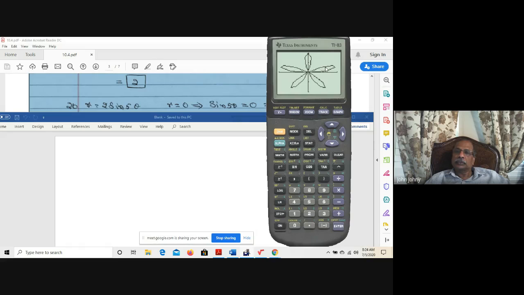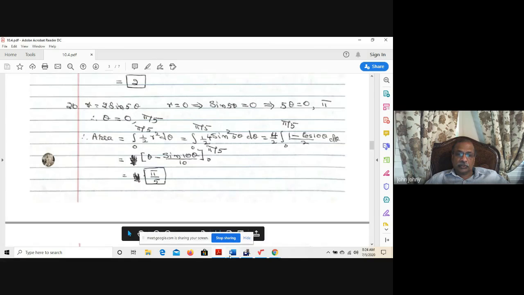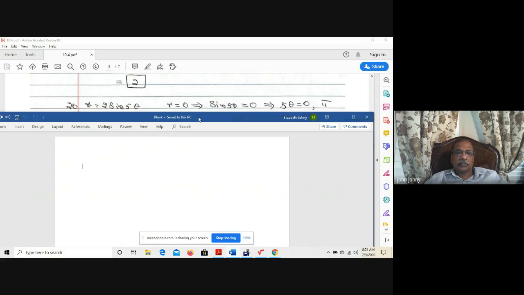For that, you set r is equal to 0, because r is equal to 0 is the origin. So theta varies from 0 to, when it reaches here, you have to figure out what the value of theta is. So set r is equal to 0. 2 sine 5 theta is 0 means sine 5 theta is 0. So 5 theta is equal to either 0 or pi.